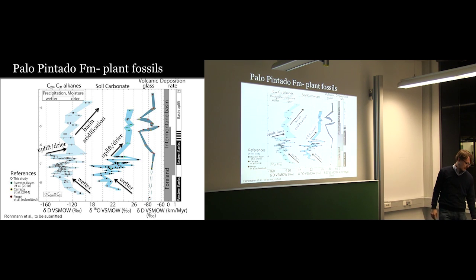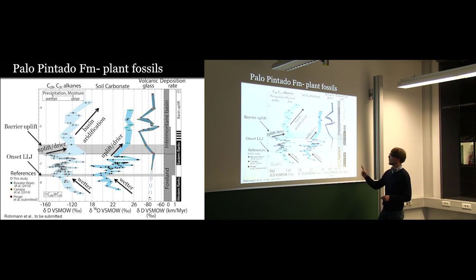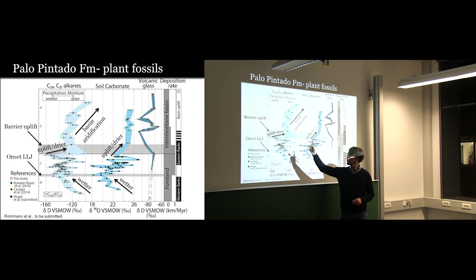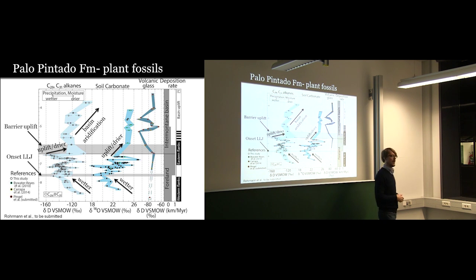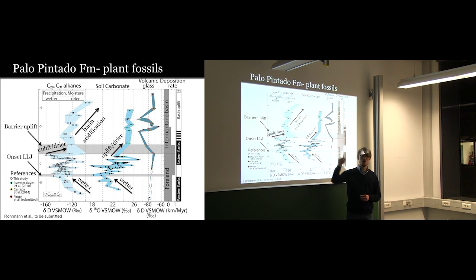So we interpret that we see two major events in the records. One event is where we see very variable isotopic values in both records, and this is very consistent with a monsoonal kind of climate in the area. We interpret that this is the onset of the low-level jet bringing moisture from the Amazon basin into northwest Argentina.